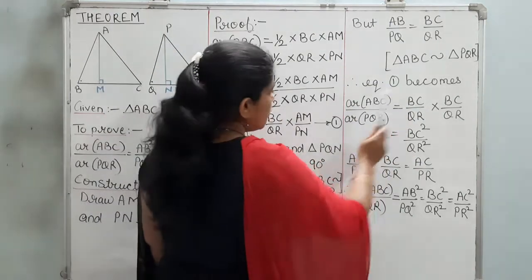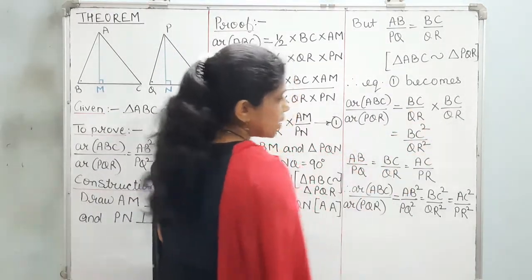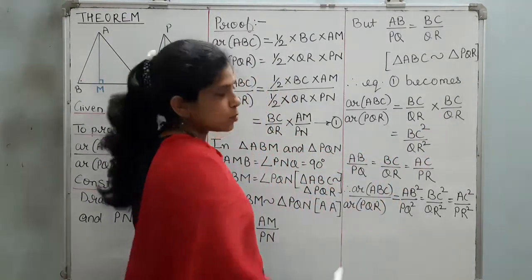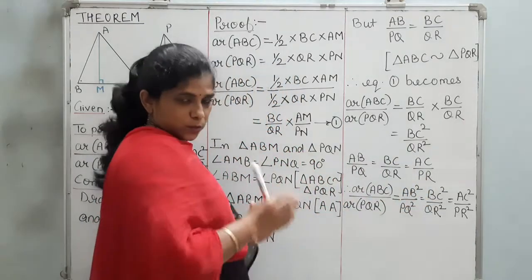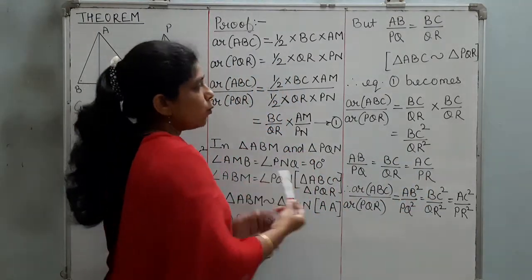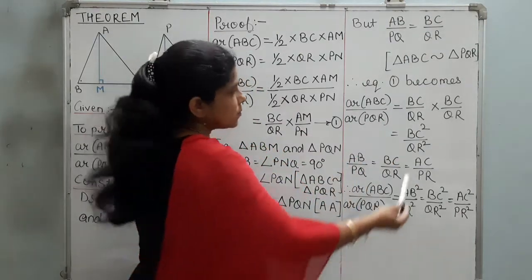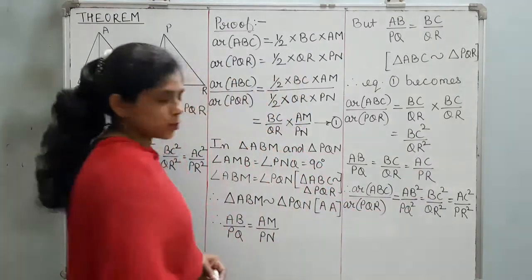So AM upon PN is replaced by BC upon QR. BC into BC gives us BC square. QR into QR gives us QR square. So here we get area of ABC upon area of PQR is equal to BC square upon QR square.